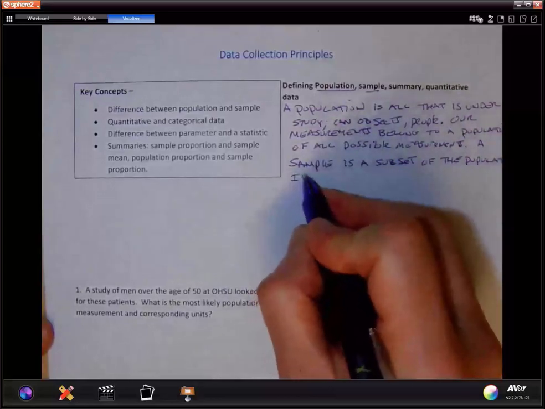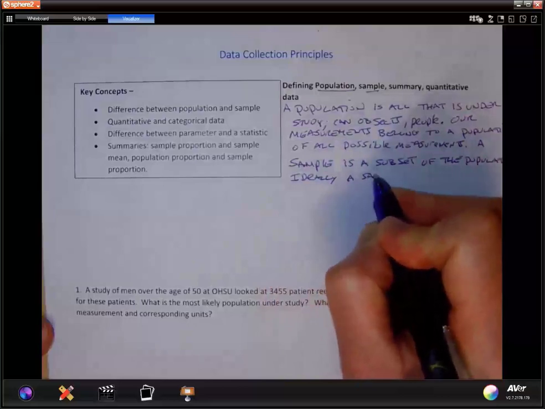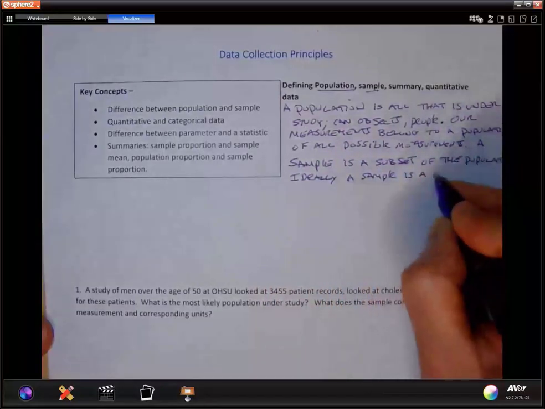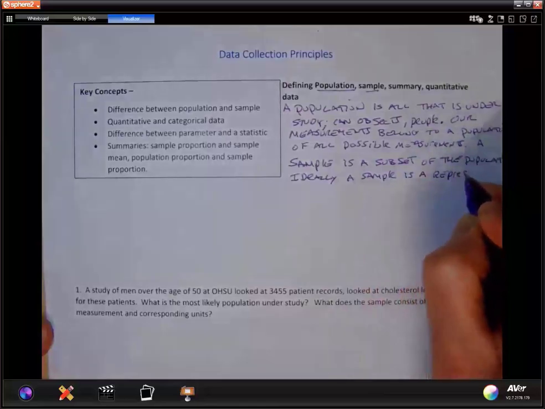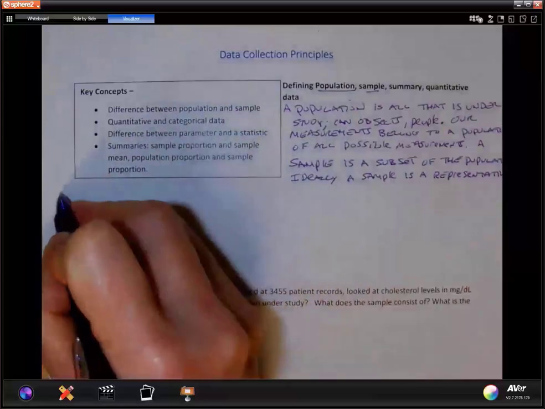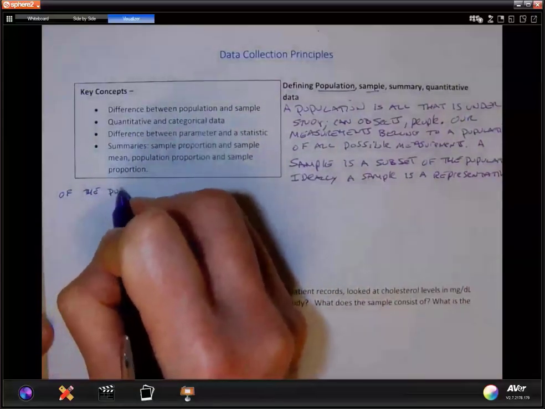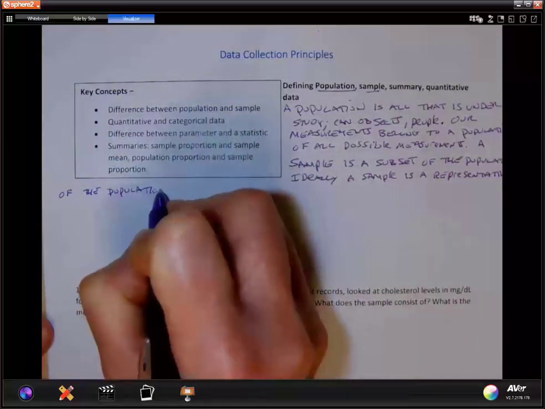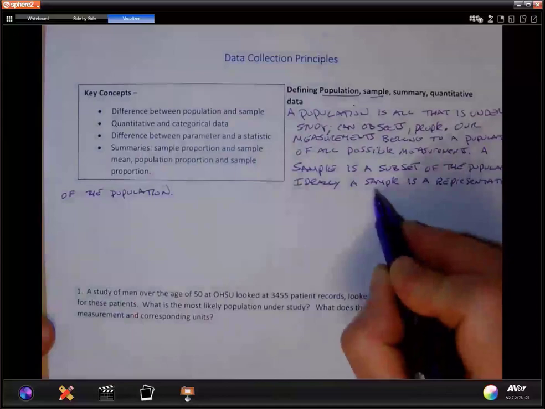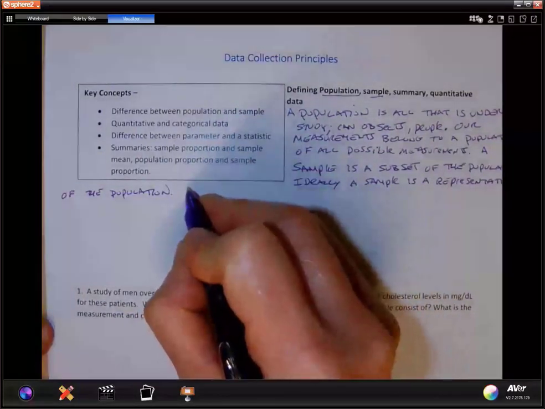Ideally, a sample is representative of the population. The way that a sample can represent the population is if the sampling process is unbiased.